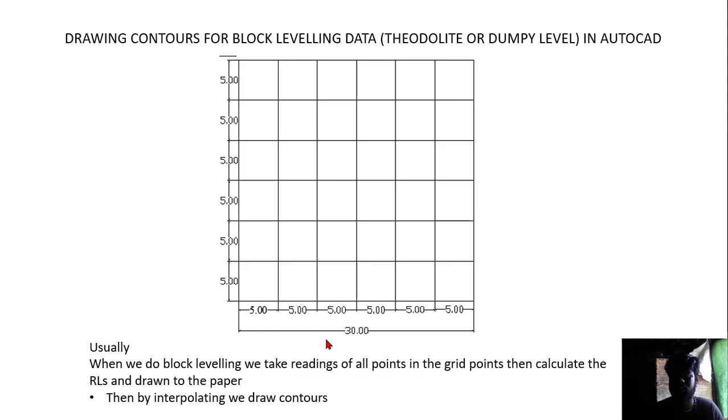Everywhere the total station is extensively used. But if you are from college, and you are doing it with the dumpy level or theodolite, whatever instrument is available in your college, then how to do it? Like doing contouring for the surveying camp.